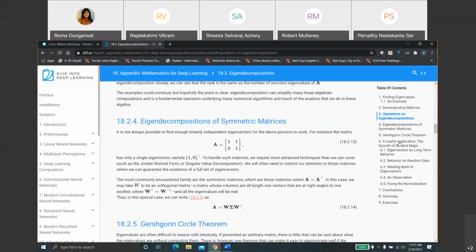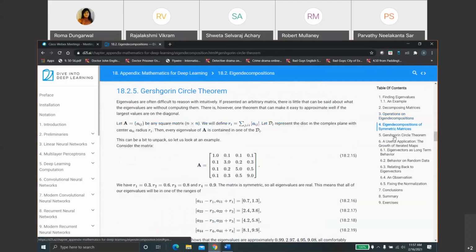Okay. Now, I've been talking about eigenvalues and eigenvectors for so long, but looking at a matrix A, we cannot say what the eigenvalue will be. So this theorem, the Gershgorin circle theorem, gives you an idea of where the eigenvalues will lie, what will be the range of eigenvalues for a particular matrix.